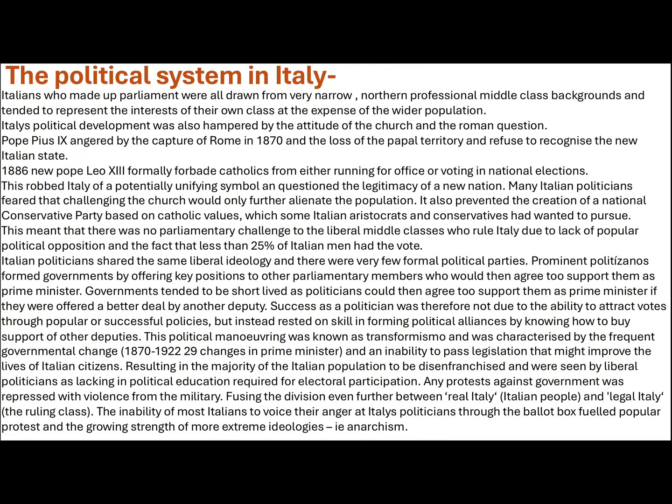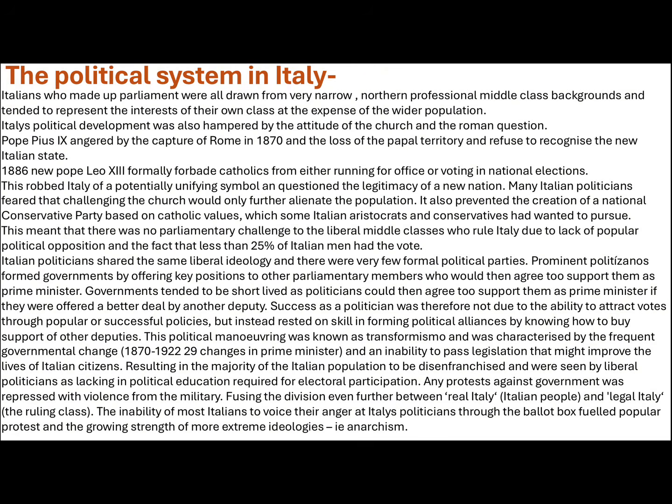An example of this is that from 1871 to 1922, 29 changes in prime minister happened, limiting the ability to pass legislation that might improve the lives of Italian citizens. The majority of the Italian population were disenfranchised and were seen by liberal politicians as lacking the political education required for electoral participation.